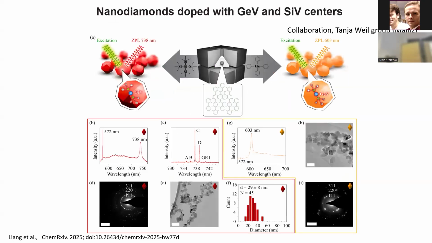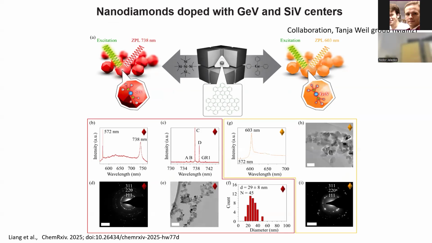And so here you see the picture of these nanodiamonds grown in Mainz, with sizes from a few nanometers to a few tens of nanometers, and doped with silicon vacancy center with this line at 737 nanometers. At low temperature, it splits into spin selective transitions.